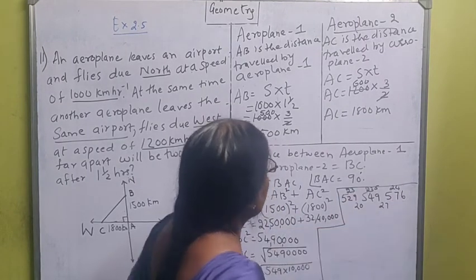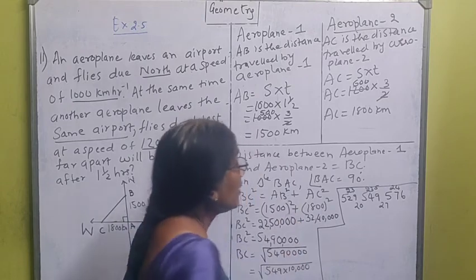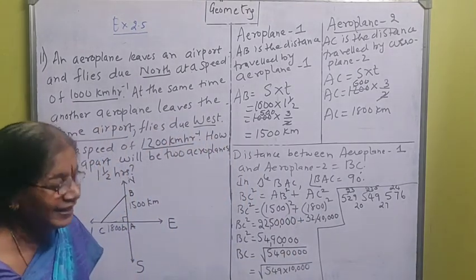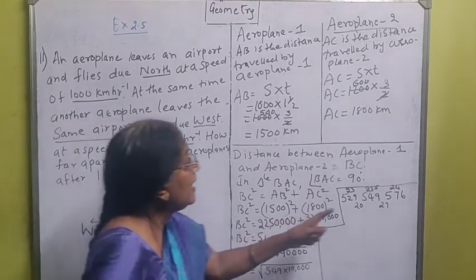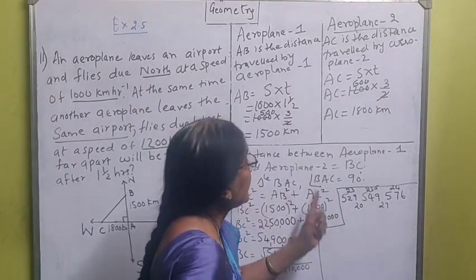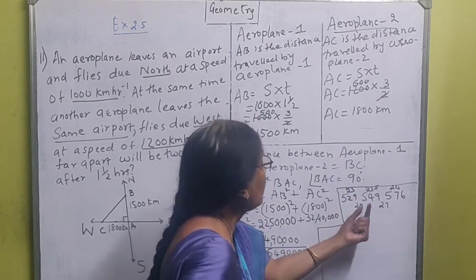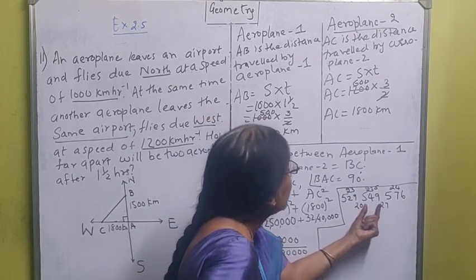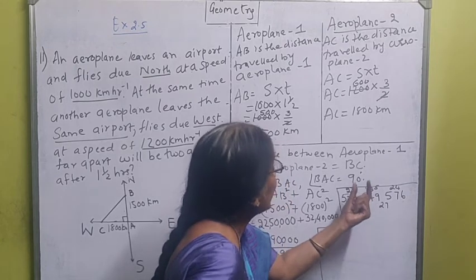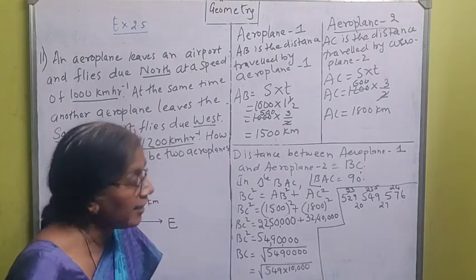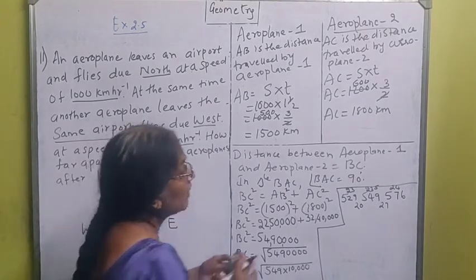So you can't take 23.5. But you can take 23.4 square, which is less than 549, that is 547.5. So 547.5 is nearer to 549. So you can say the square root of 549 is about 23.4. This I did for explanation purposes.